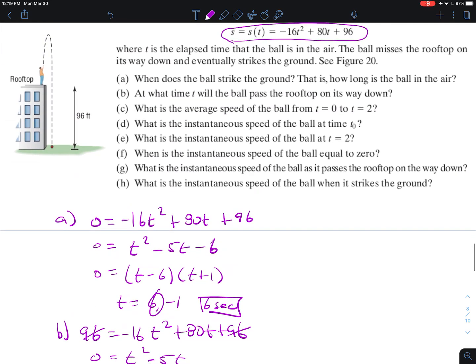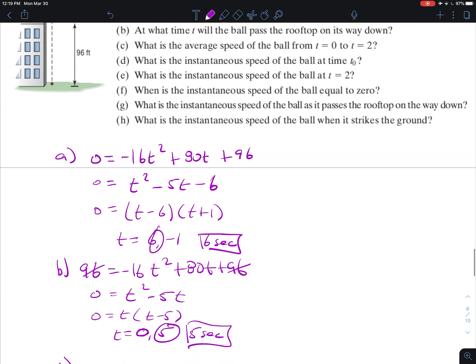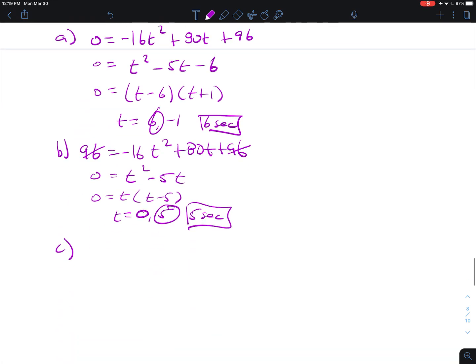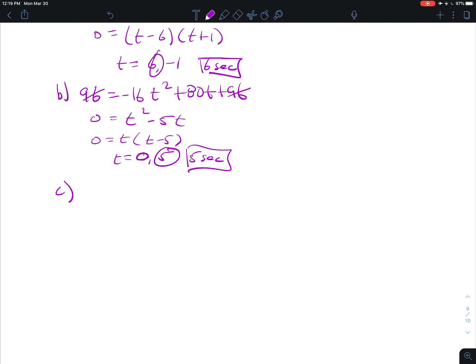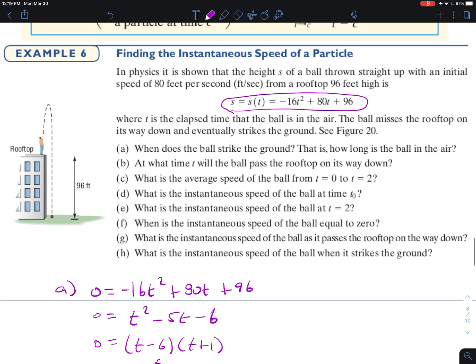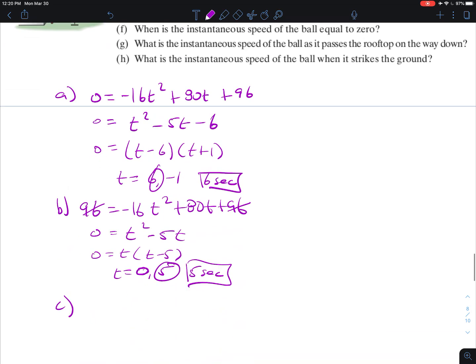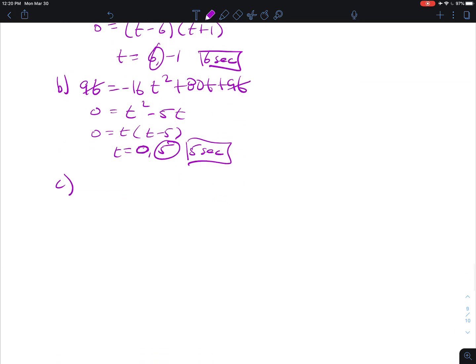Question C, what is the average speed of the ball from time 0 to time 2? So that would be a slope of a secant question. So time 0, which we know is here, and then time 2, which is somewhere else on the graph. I don't know exactly where it is, but we're looking for the slope of that. So the slope is going to be the difference of the y's, s of 2 minus s of 0 over 2 minus 0. That would be the average rate of change.